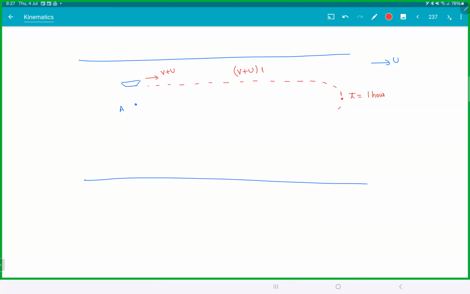Now after this, let the boat meet the raft after time T after taking the turn.